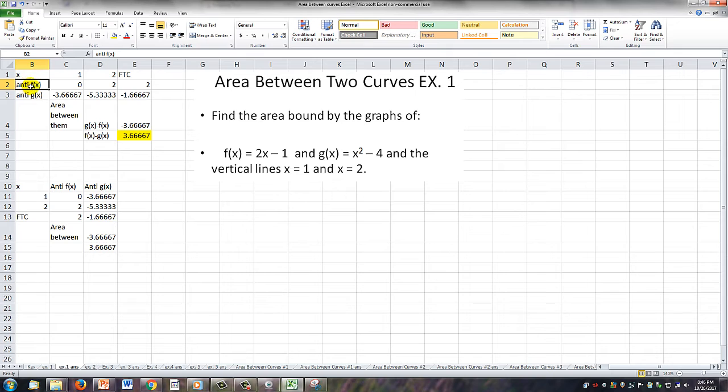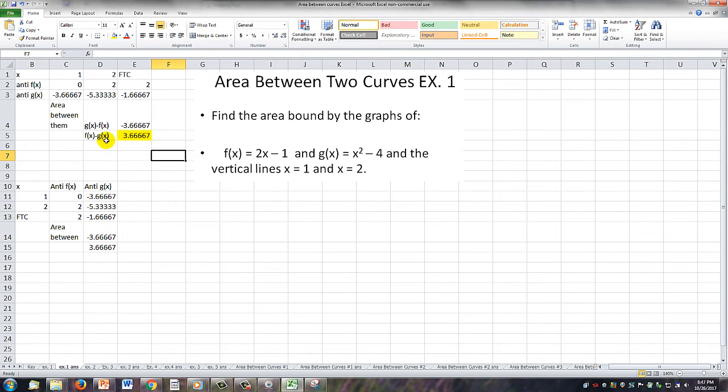Then we would have anti-f of x, which would be x squared minus x, and then evaluate the FTC, you get 2, and then the anti-g of x would be 1/3 x cubed minus 4x, and evaluate it, and FTC, upper limit minus lower limit, get this, and then the area between them would be, so if you subtracted this minus this without thinking, you get -3.66667, which is the approximation for 11/3 or -11/3.